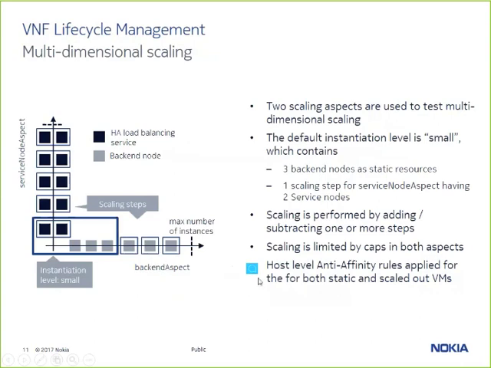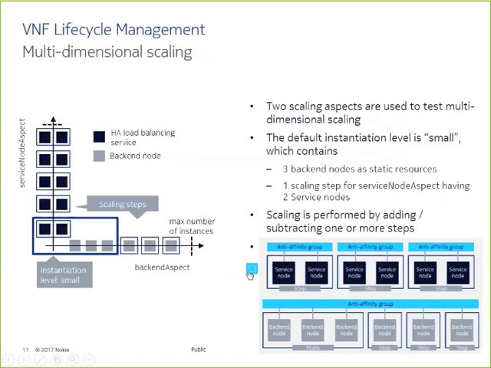I would just like to highlight that there are also other considerations when you are creating your VNF. For example, you have to think about anti-affinity, which means, in our case, that the service nodes should be in an anti-affinity setting. If there is a physical node where the service node is bound, it can never happen that 2 service nodes are on the same physical node.